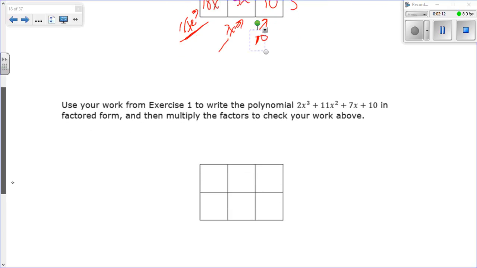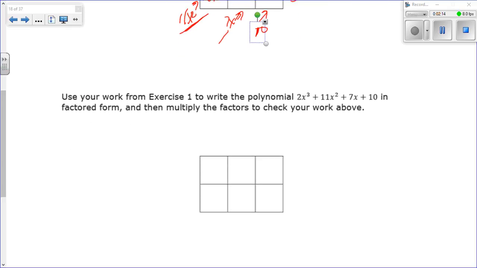All right. So use your work from exercise 1 to write the polynomial 2x cubed plus 11x squared plus 7x plus 10 in factored form. Then multiply the factors to check your work above. Factored form. Remember yesterday in the notes I said it's factor equals the product.